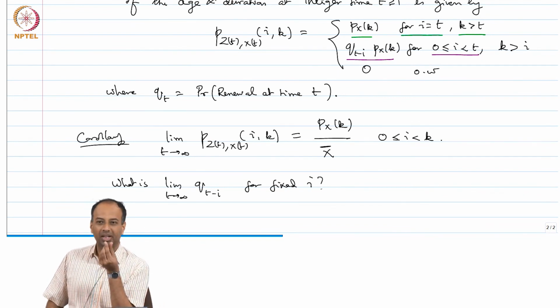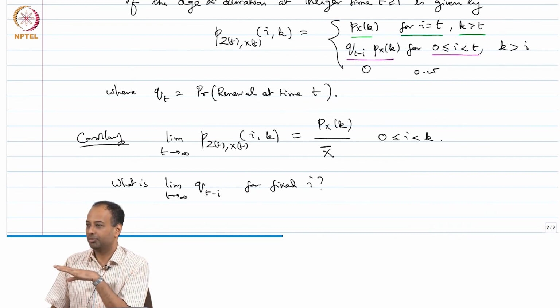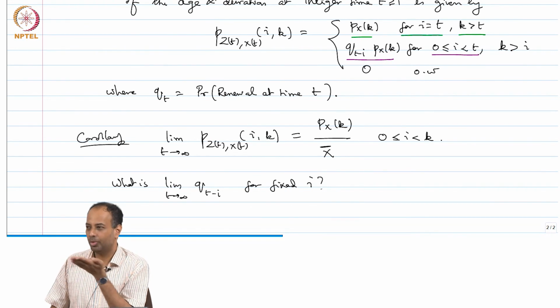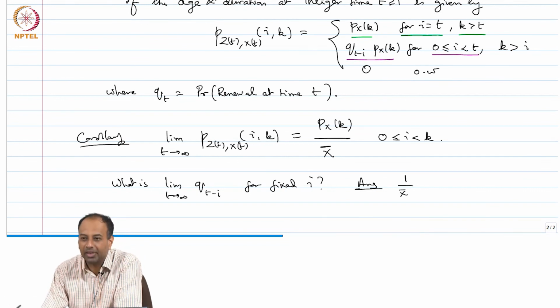The expected number of renewals in an interval is equal to delta over x bar by Blackwell's theorem, but that is for non arithmetic processes. For arithmetic processes, at the multiples of span, the probability of having a renewal at that multiple of span is equal to span over x bar. I think we stated this, you can go back to Blackwell. So, the answer to this will simply be span over x bar, where 1 is the span. So, you get what you want, p x of k over x bar.